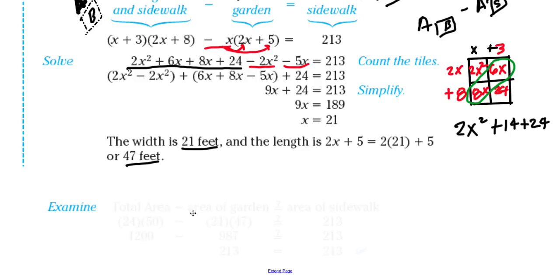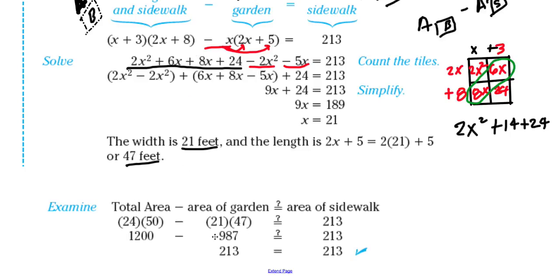What remains to be done is simply checking our answer. If we get 21 feet for our width and 47 feet for our length of the garden, let's see how this works. The total area of the garden and sidewalk is 24 times 50, and we want to subtract 21 times 47.